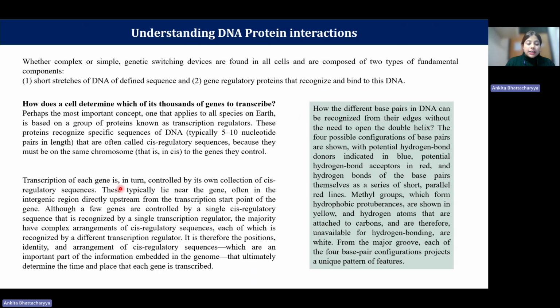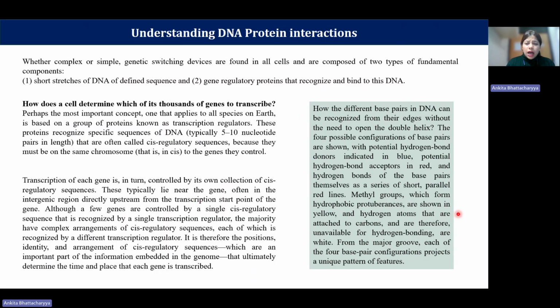And typically these cis-regulatory elements to which these transcription factors bind lie pretty close to the gene, often in the intergenic region, which is directly upstream of the transcription start point of that gene. And therefore the position, the identity of the gene, the information embedded in that genome, all of that ultimately determines the time and the place at which each gene gets transcribed.